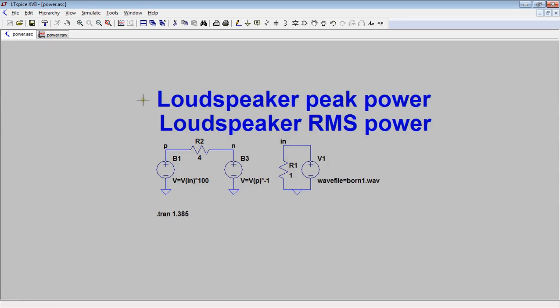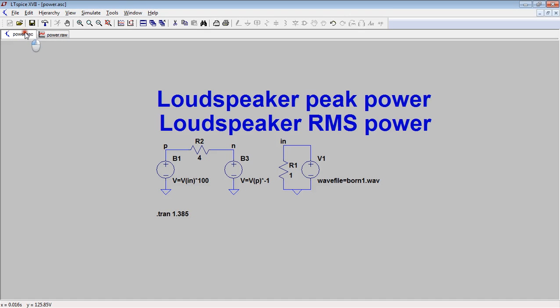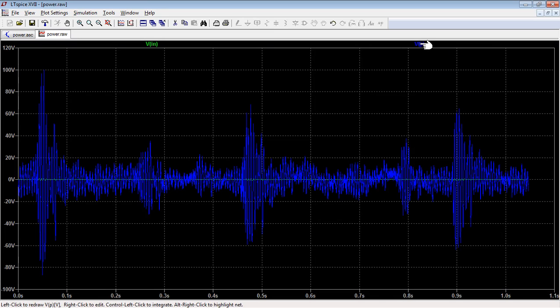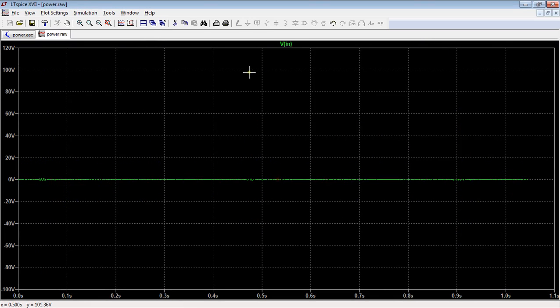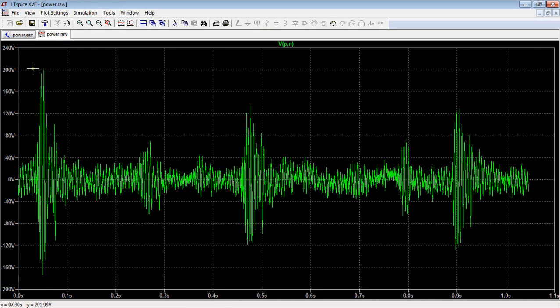Now if I look at the output from these models of amplifiers, I should see 100 volt. Yeah, I do see 100 volt. And then the other one is in antiphase, so if I cross probe across there, I should see a peak of 200 volts, which I do.